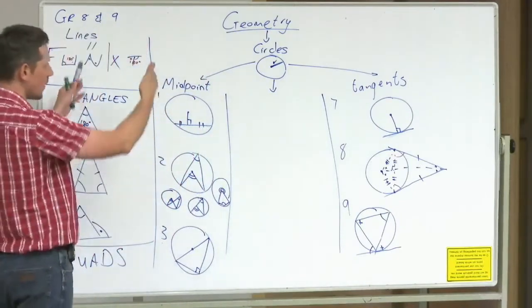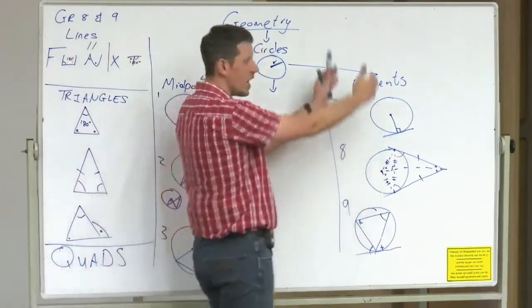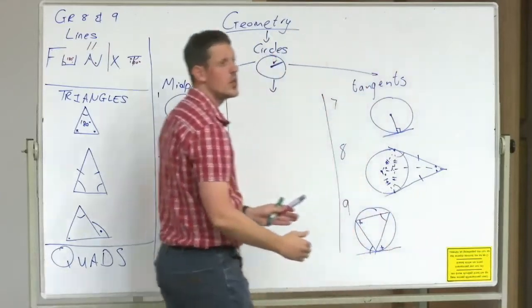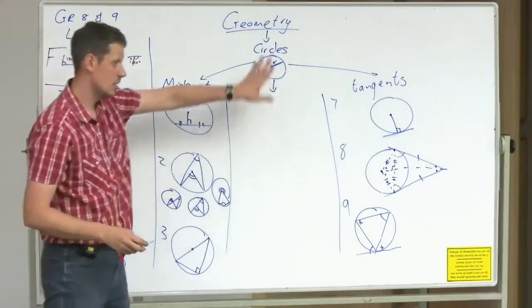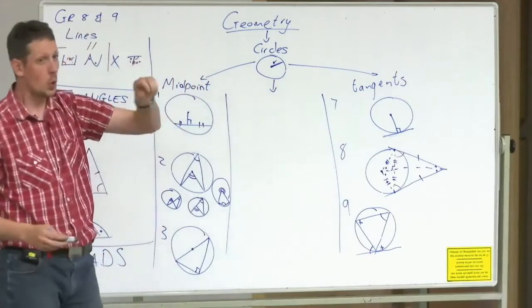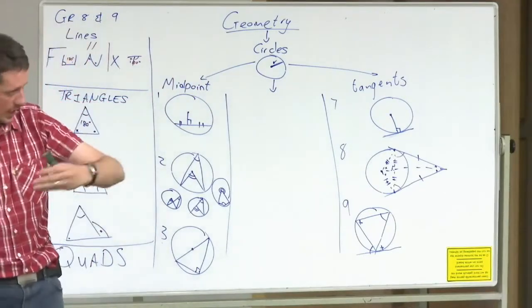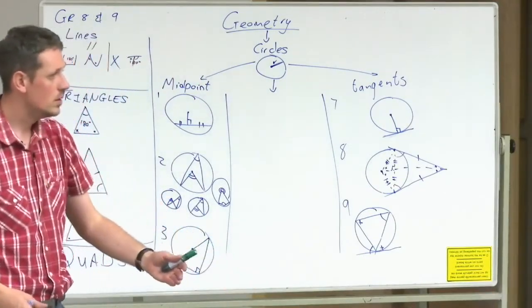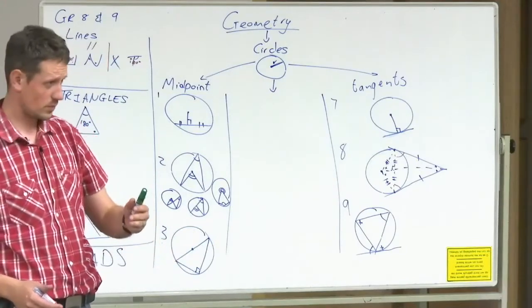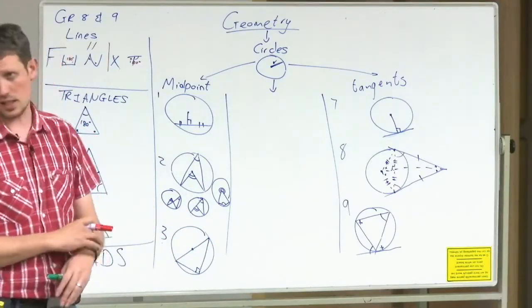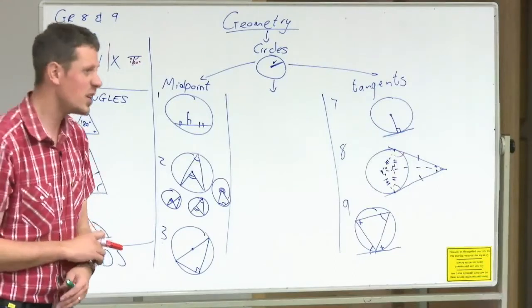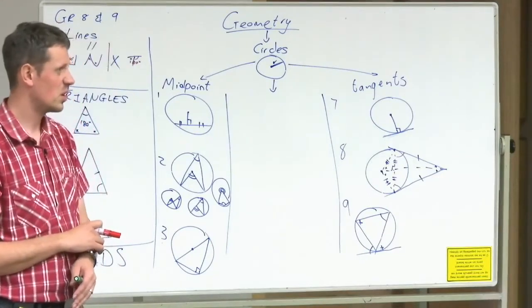Now, after I've looked at midpoints, after that I've looked at tangents, I am going to look at cyclic quads. Why do I look at cyclic quads at the end? Guys, can I give you the tip? They never tell you there's a cyclic quad.